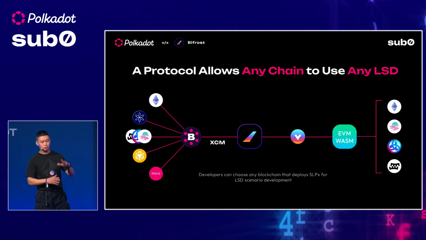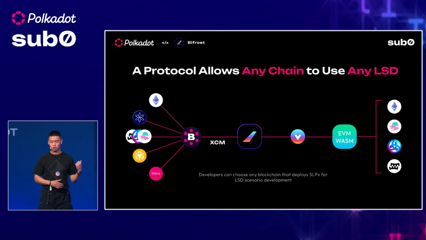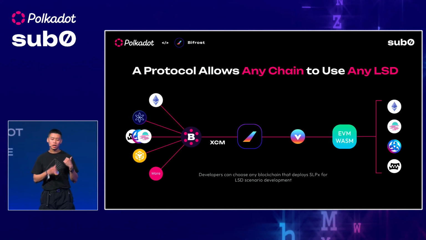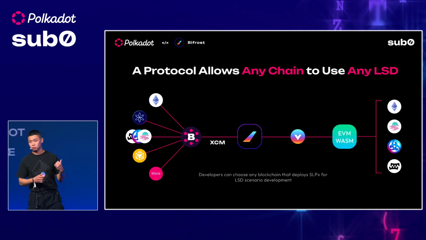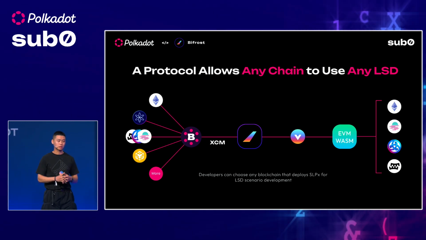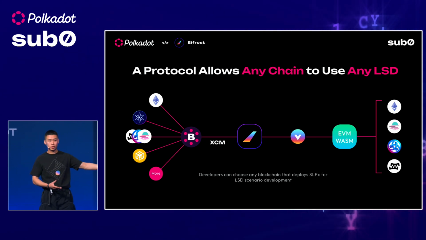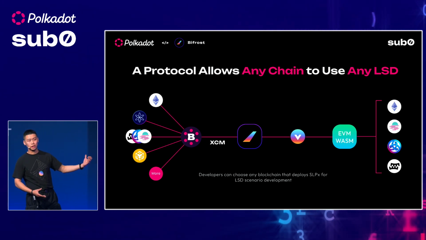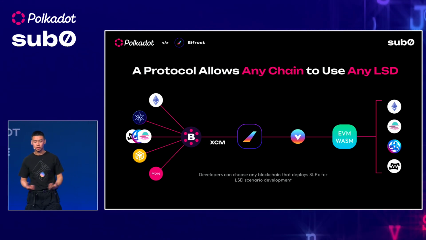Let's assume you are a user on Cosmos. How can you stake DOT on Cosmos? Think about it. You could go into the Polkadot ecosystem, stake your asset, and cross your asset back to Cosmos, but that's not an ideal way.